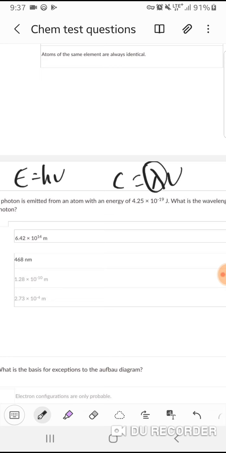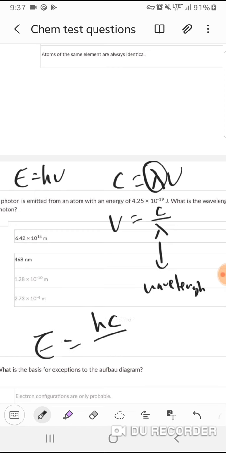So we can do v equals c over lambda. So lambda is the wavelength. Okay. So E equals hc over lambda.